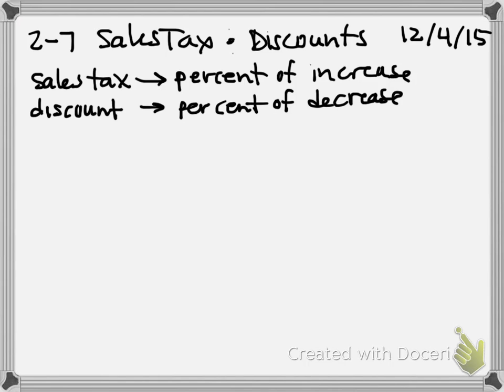Like, I go to Target and I have the red card, so I get 5% off. So they decrease my cost by 5%. Then I have to pay tax, so they increase my cost by 8%. So I actually have 2 subtotals. The second one is after the discount of 5%. The final one includes the increase of the sales tax.